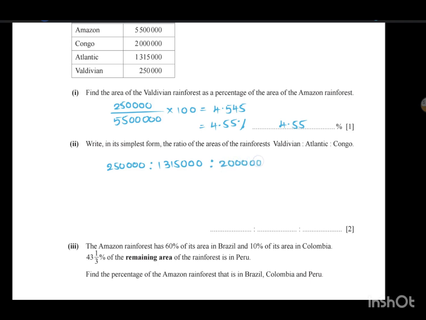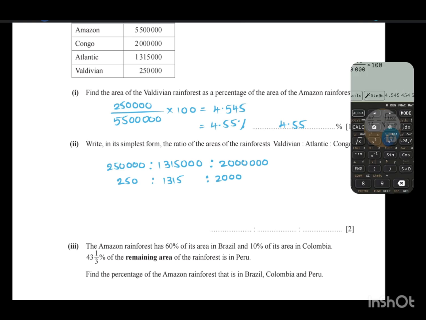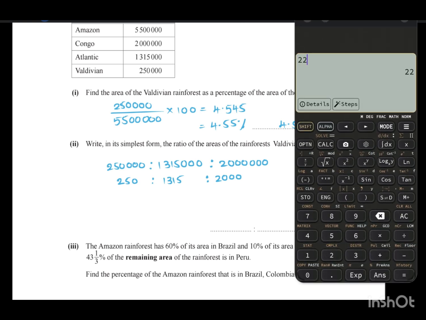Now whenever you are writing a ratio, you need to divide it with the same number. So if I divide by 1000, all the three zeros will be cancelled out and you will be left with 250 is to 1,315 is to 2000. Now when you see these three numbers, you can find out that they are divisible by 5. So if I divide 250 by 5, you need to remember the divisibility rules.